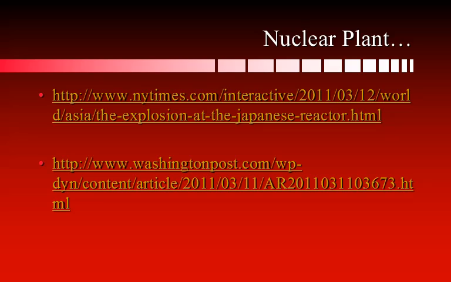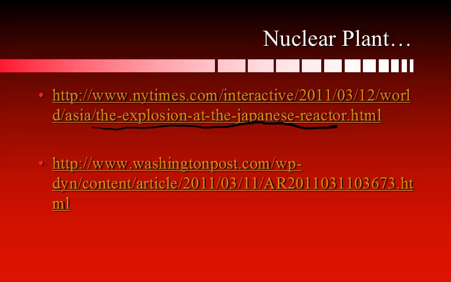In 2011, we had the very devastating earthquake in Japan, and they had the explosion at the Japanese reactor. I'm not sure if this link still works, but you can Google search that and read about the nuclear reactor.